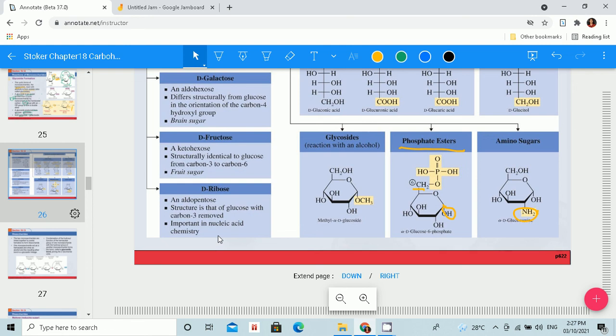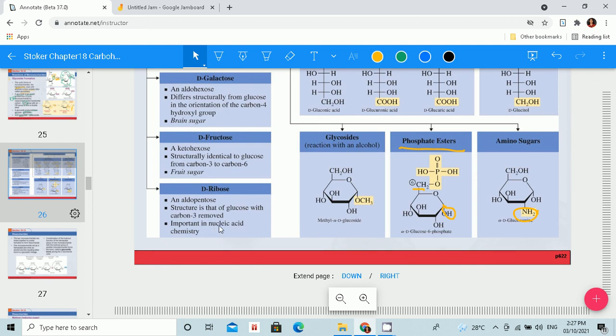And then we have D-ribose. It's an aldopentose. It's an aldehyde that has 5 carbons. And its structure is that of glucose with carbon 6 removed. Okay. Now, class, this gives you a hint of identifying monosaccharides. Okay, then important in nucleic acid chemistry.